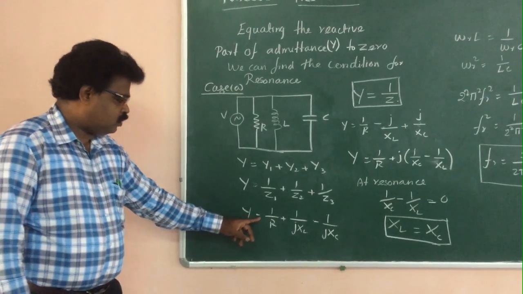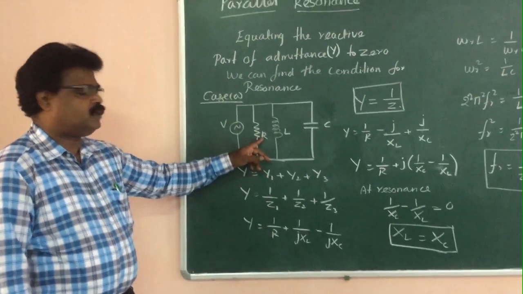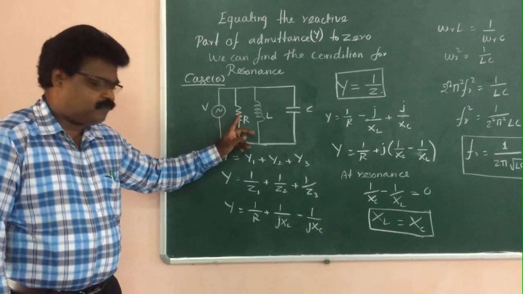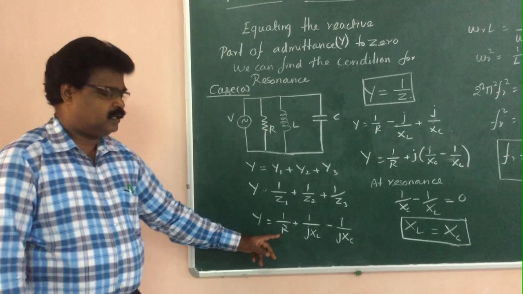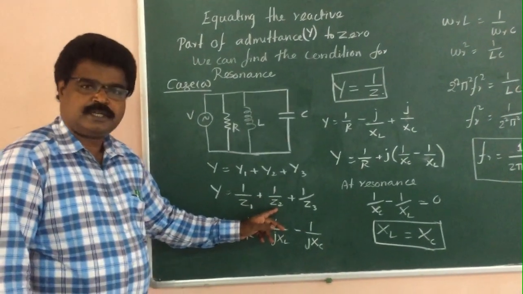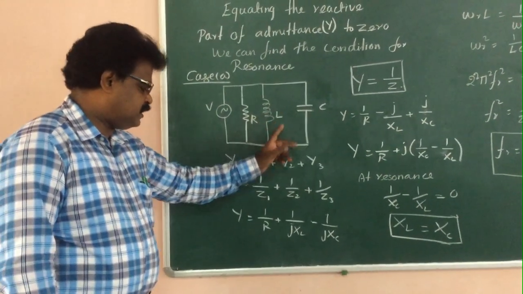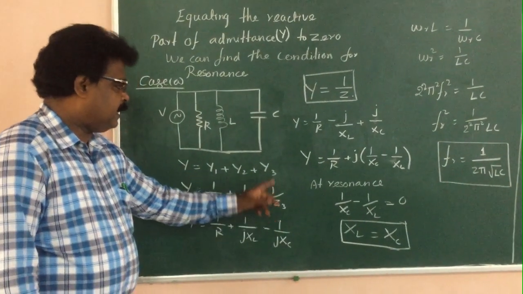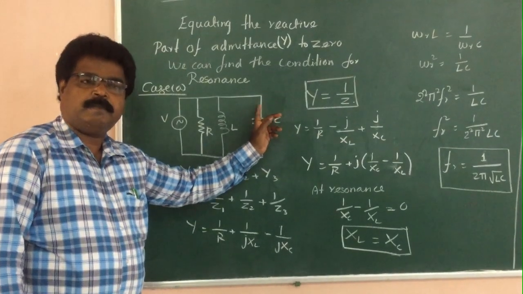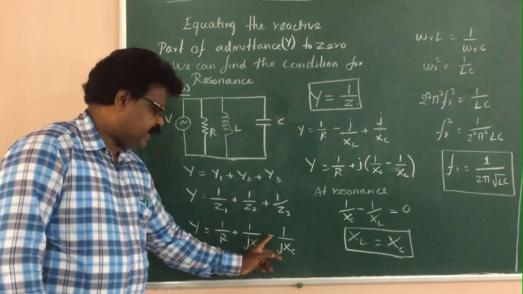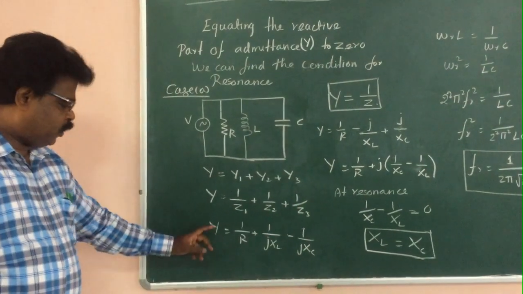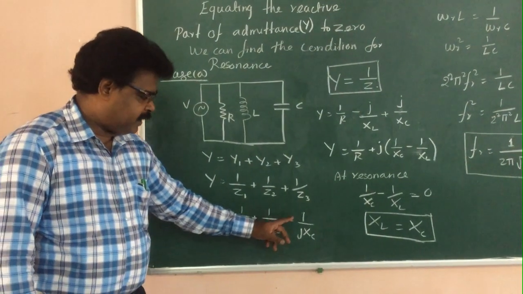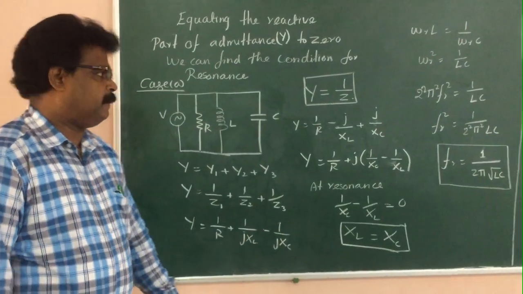Z1, the first parallel branch, consists of resistance, and you know that the impedance of a resistance is equal to the resistance R. The second branch Z2, the impedance of the inductance, is equal to j XL. Z3 consists of a capacitor, and the impedance of a capacitor is equal to minus j XC. So Y is equal to 1 by R plus 1 by j XL minus 1 by j XC.